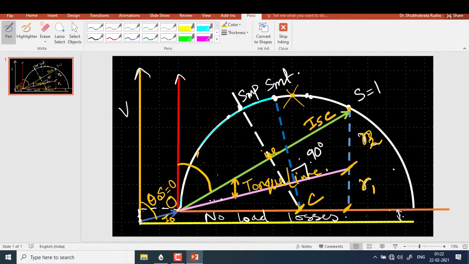What is this? This is our rotor power loss for a particular value of current.